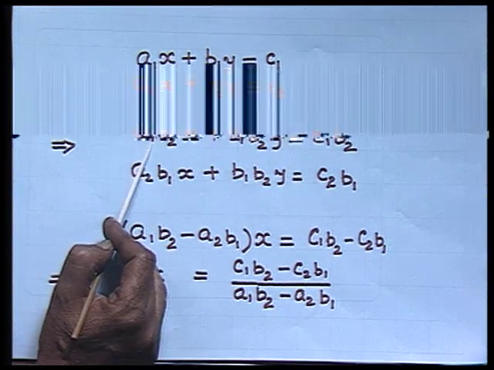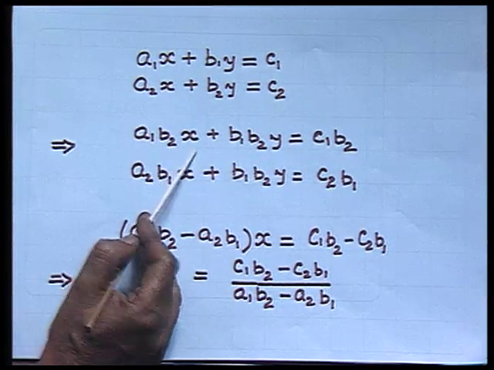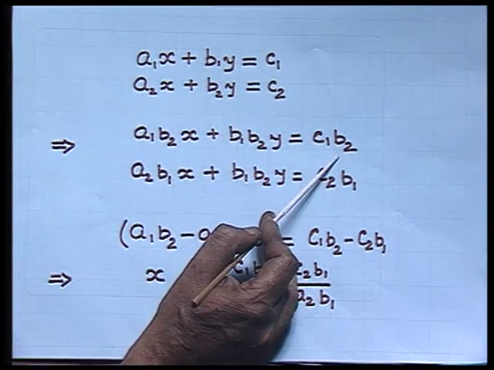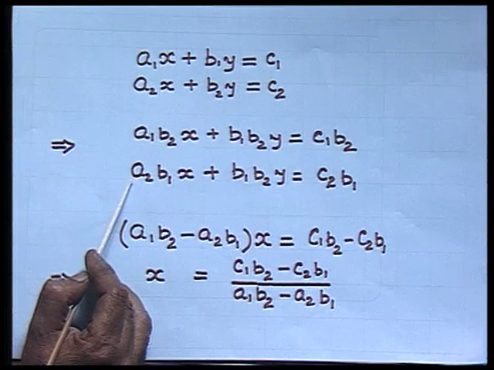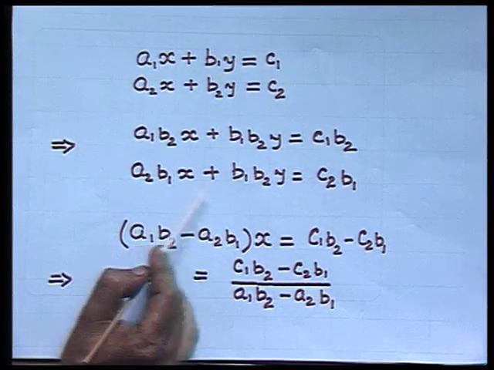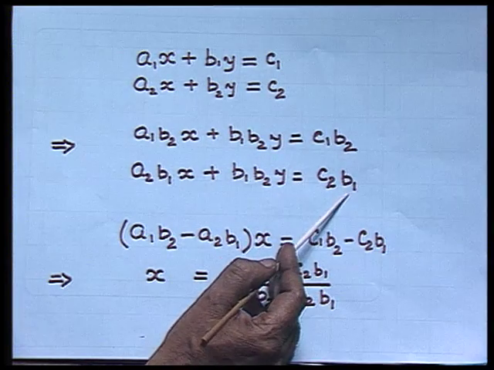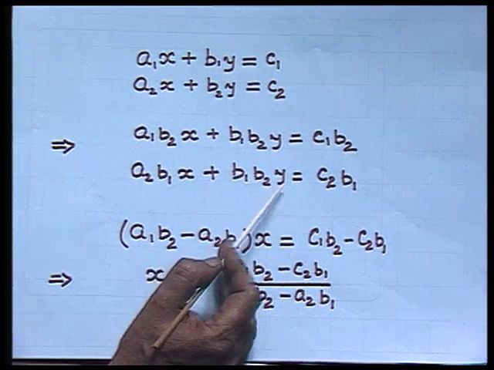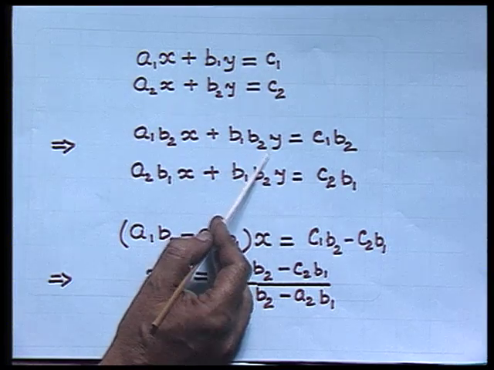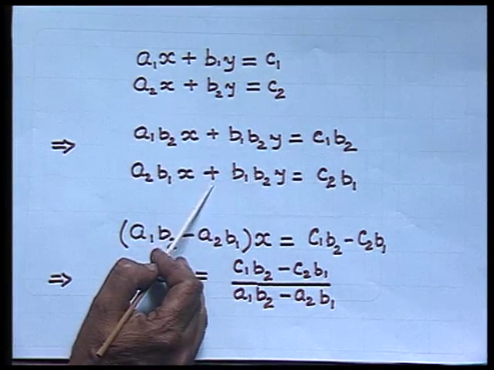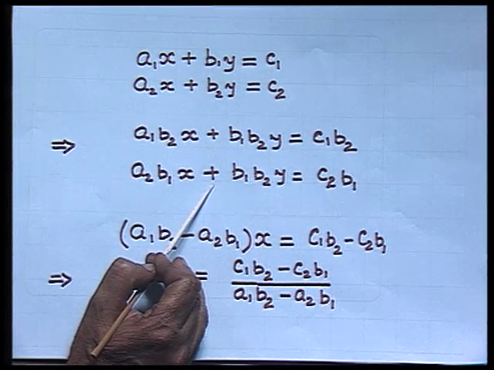So, the first equation becomes a1 b2 x plus b1 b2 y equals c1 times b2, and the second equation becomes a2 b1 x plus b1 b2 y equals c2 b1. Now, here the coefficient of y in the first equation is b1 b2 and in the second equation is also b1 b2. What about their signs? Both of them are the same sign, that is plus in this case.